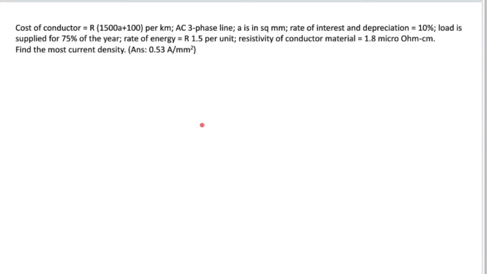Yes, 1.679. That's the answer. So I need to change that quickly in the answer, because I wrote 150. It was my mistake, so the answer is either 0.53 or 1.679. Can you go to the next one? I'll correct it and put it on the website.